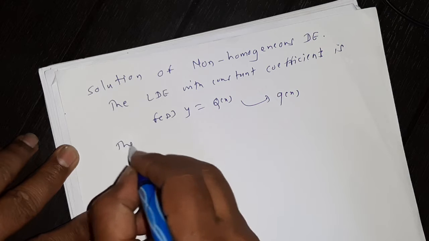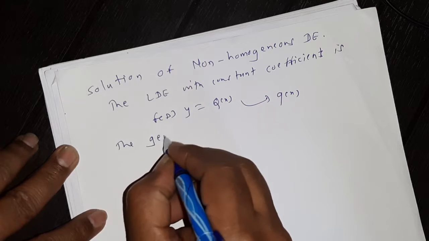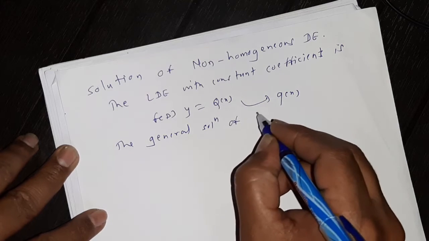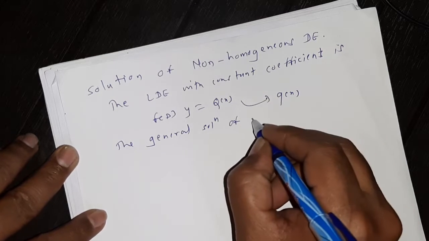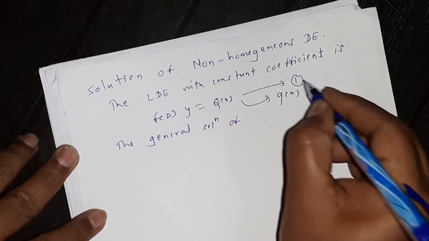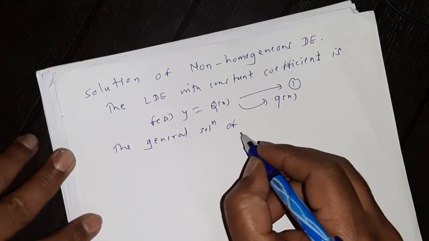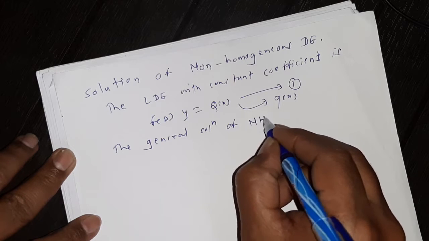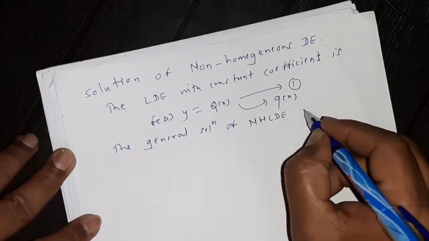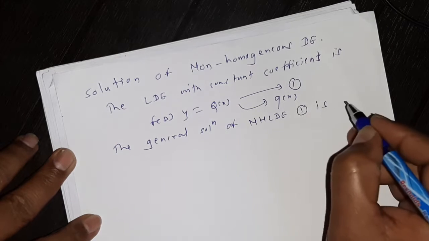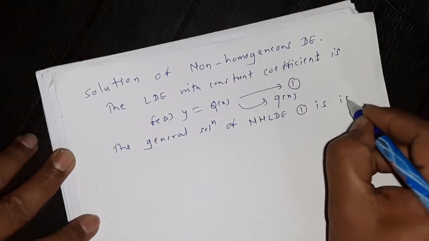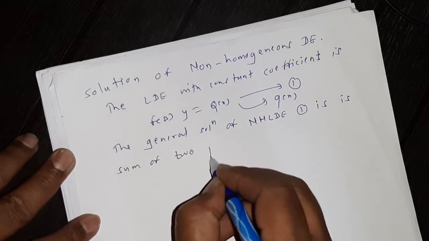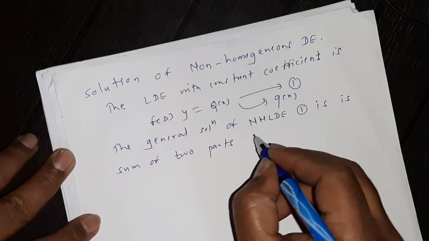So the general solution of this non-homogeneous differential equation, suppose this is number 1, is the sum of two parts.